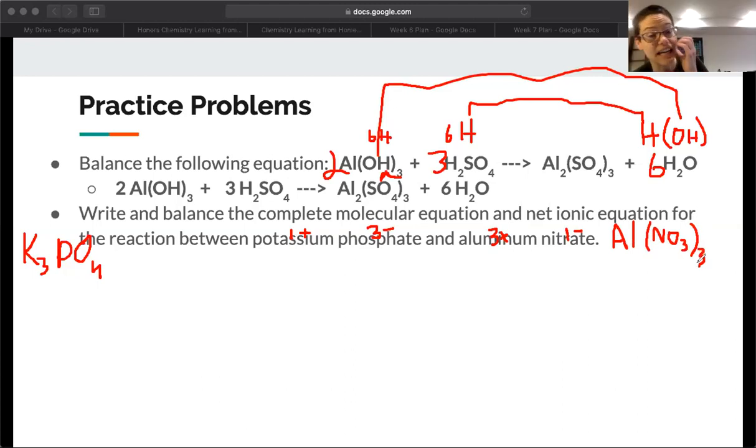But again, anymore, they're going to provide those formulas for you, and then you have to finish it from here. So they would normally say potassium phosphate in parentheses K3PO4 and aluminum nitrate in parentheses AlNO3, and they would ask you to do it from here. So now, what do those two produce and balance?